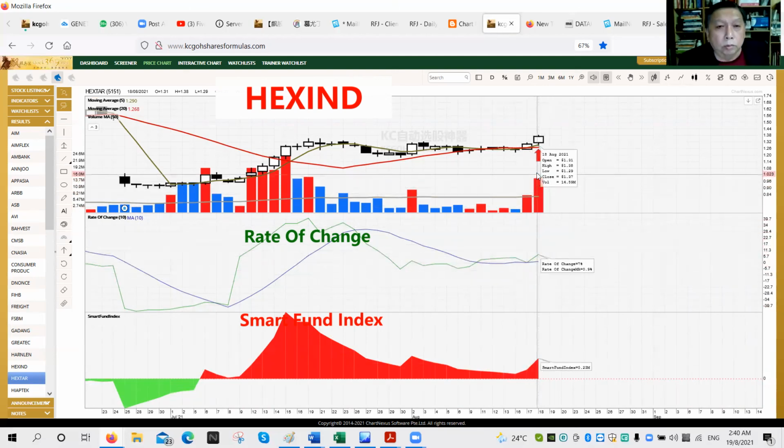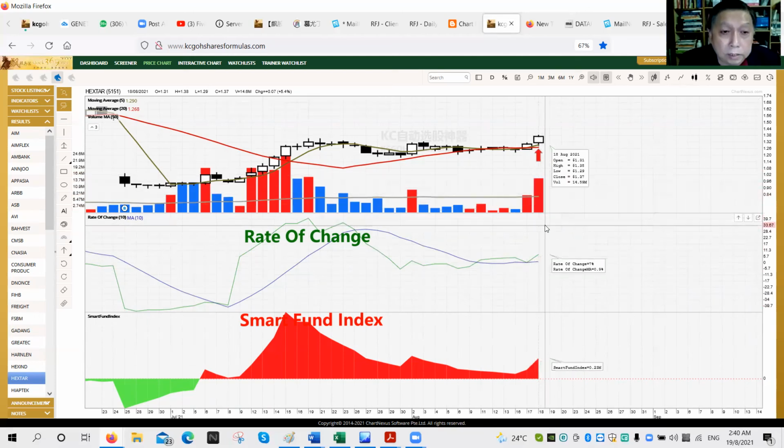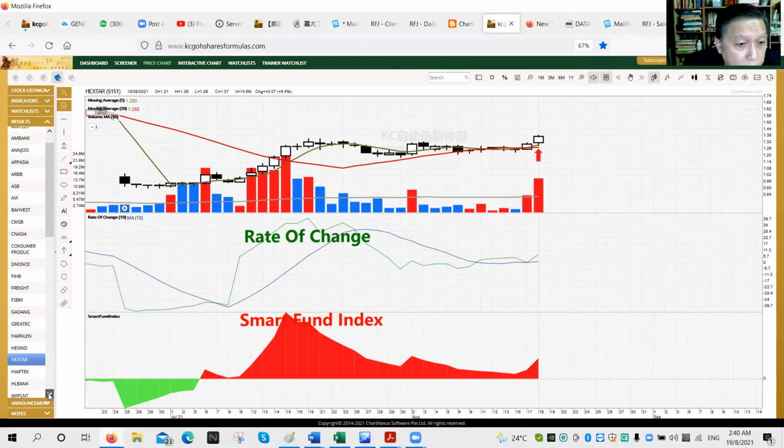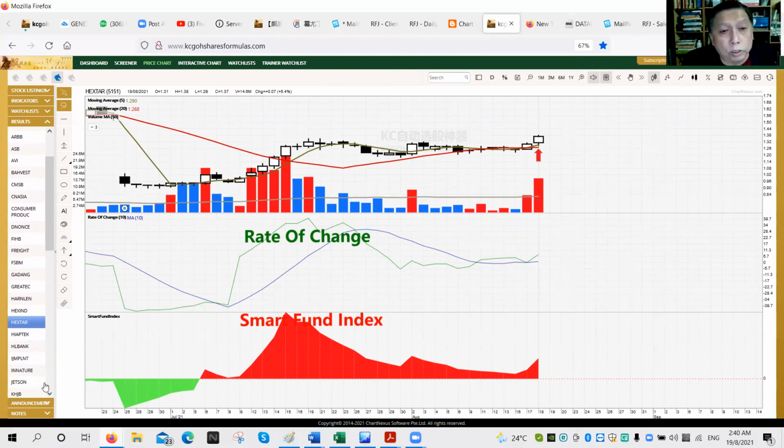So the likelihood is that this stock will move higher again. Okay, I won't go through all the stocks, just a few, to show you how we interpret and how to use the chart.